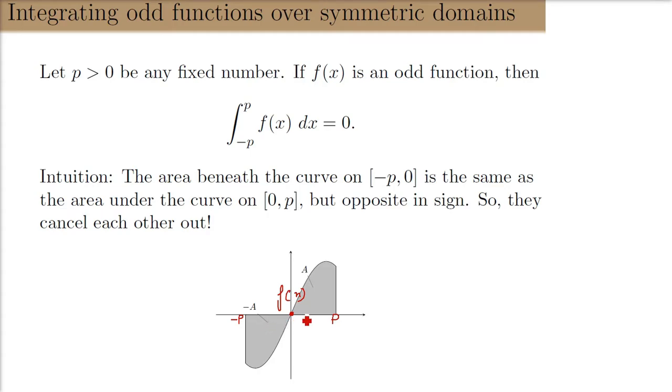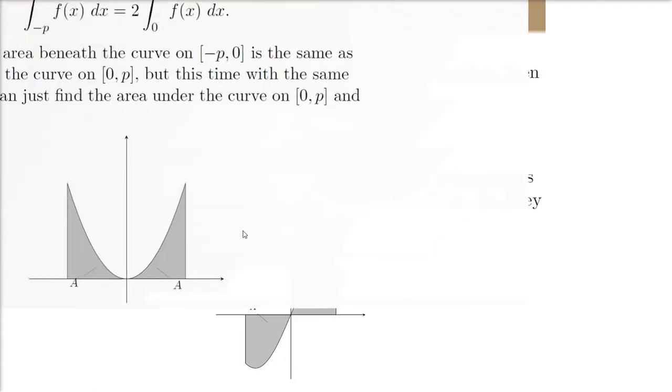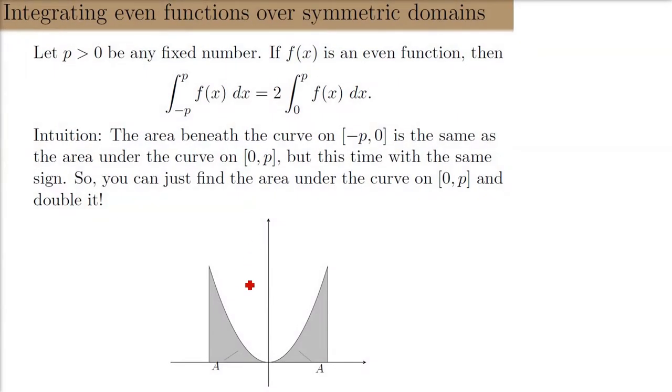Odd function means it is symmetric around the origin, that is, if you turn it 180 degrees, it will be the same. So if one is a, the other is minus a, and if you add them, a minus a is 0. So the integration from negative p to p of f(x) dx will always be 0, because they have the same magnitude but the direction is different.